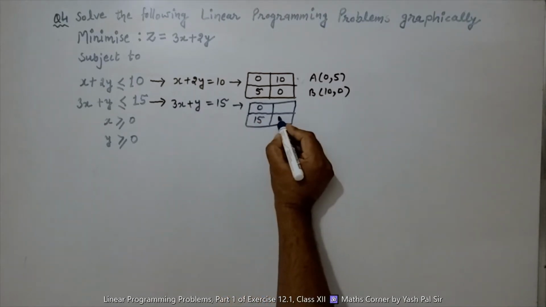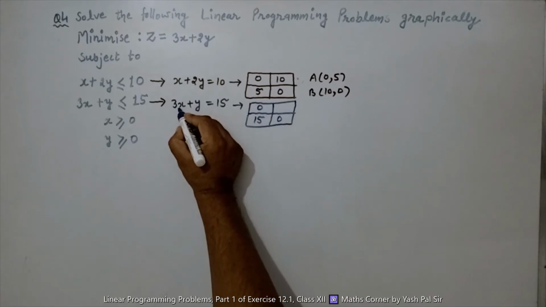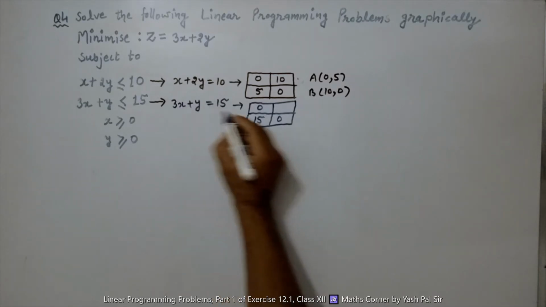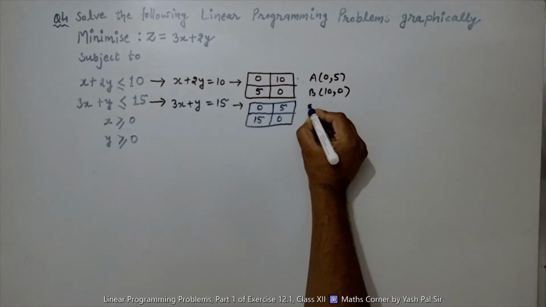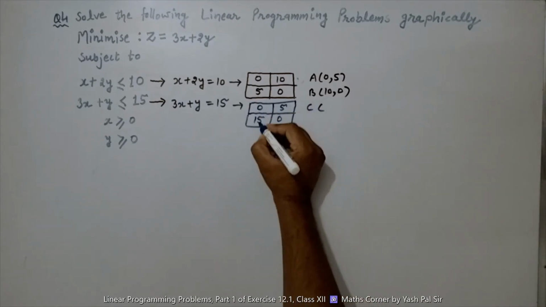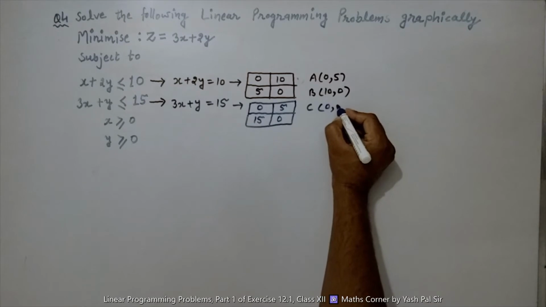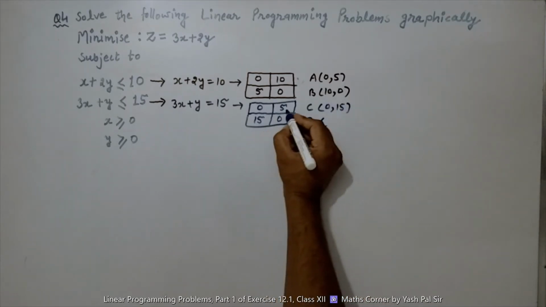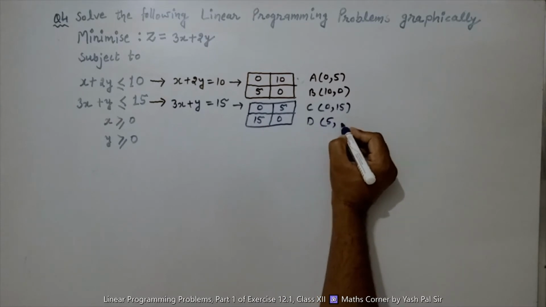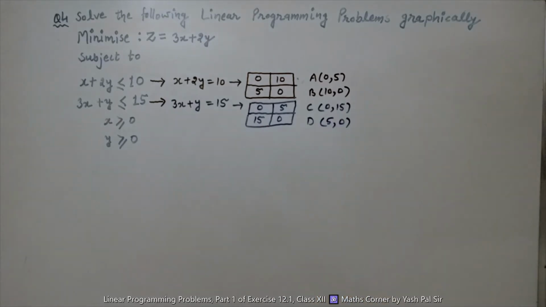If we put y is equal to 0, then x becomes 15 upon 3, 5. Right? Therefore, C point is x is 0, y is 15. D point is x is 5, then y is 0. Right? Now we draw this on Cartesian plane.